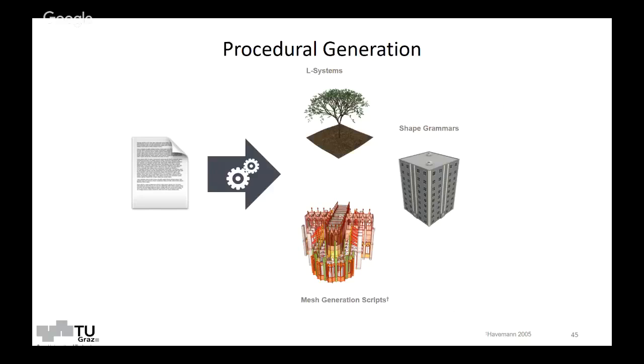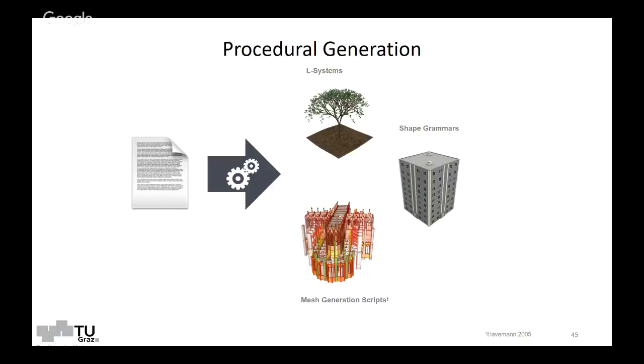The idea is that you want to generate geometry, but you don't want to do it manually. You want to use the computers to generate it for you, so you just come up with some rules or some kind of strategies for how this geometry should be generated.